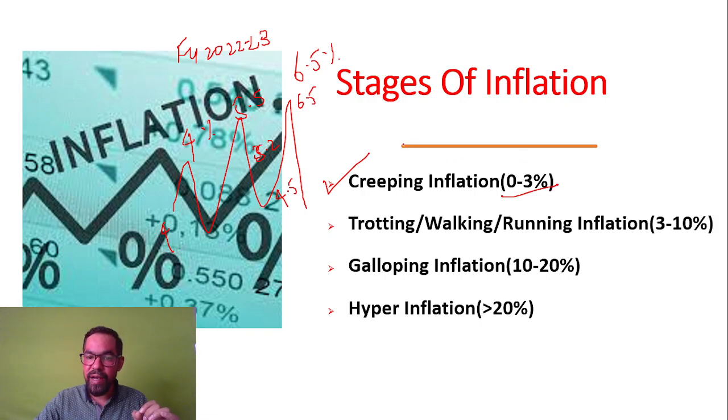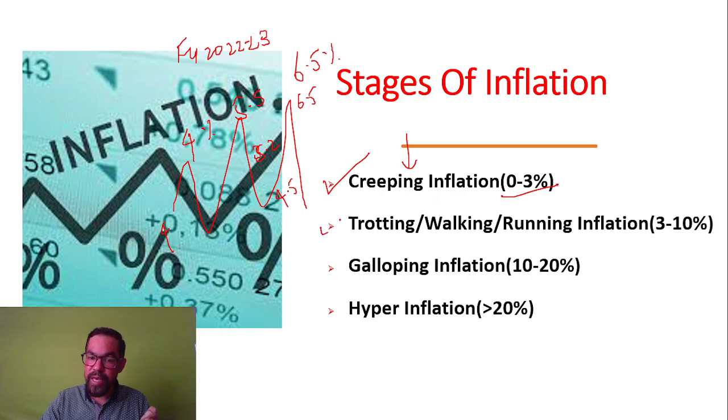Usually you'll find this type of inflation in developed countries like the US, UK, or Japan. Because these are developed nations, their spending is less: they already have good infrastructure, a very strong defense system and a very strong education system, so they do not have more spending. That means they belong to creeping inflation.